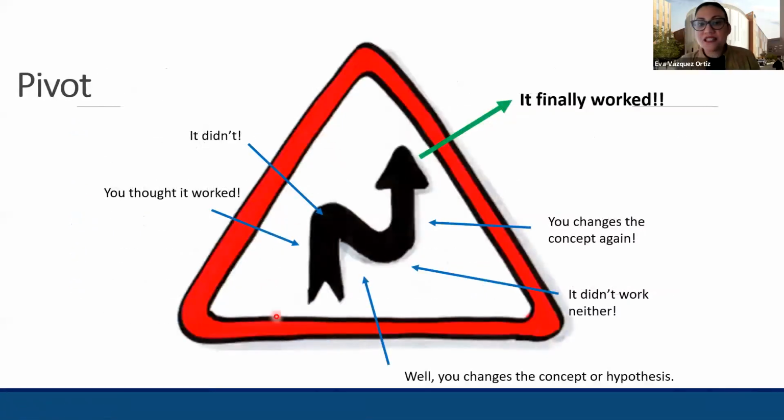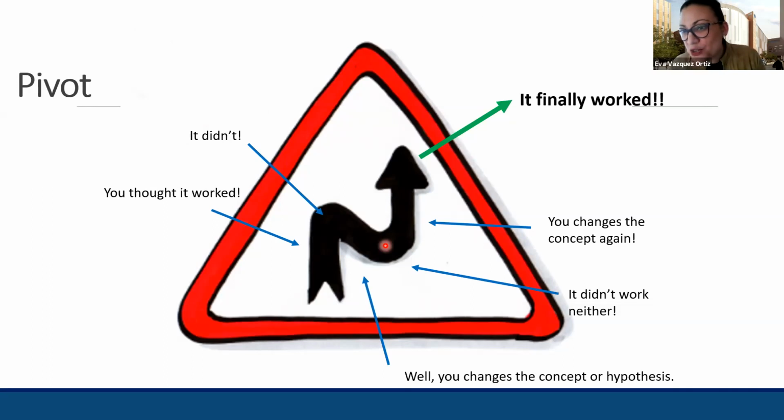Pivoting is basically changing directions. So you thought it would work for customers, but it didn't. So you change direction, and a change of direction could mean you change your business model, you change the price, you change the features. So you add some other benefits, or you get rid of some of the features because it doesn't matter for the customers.